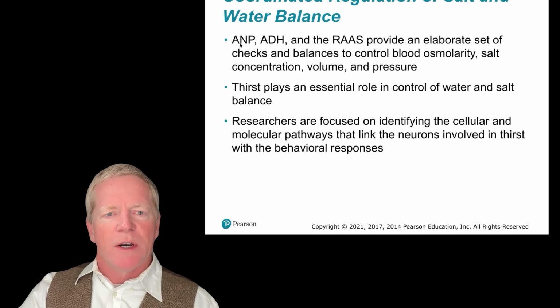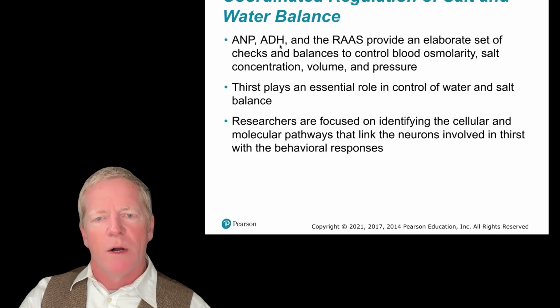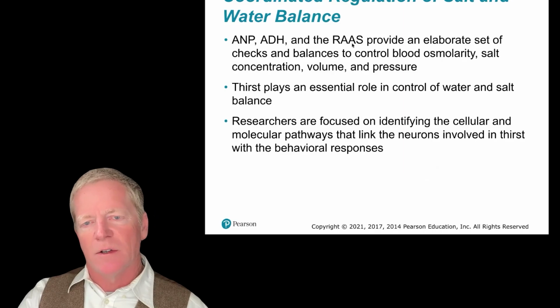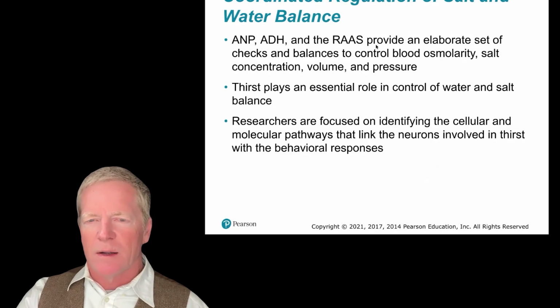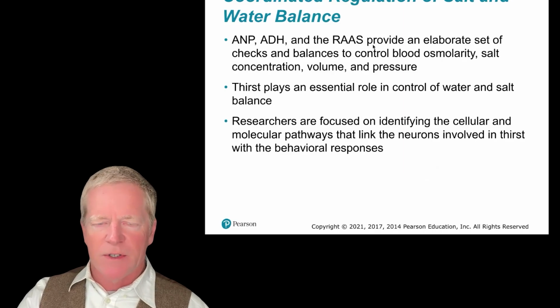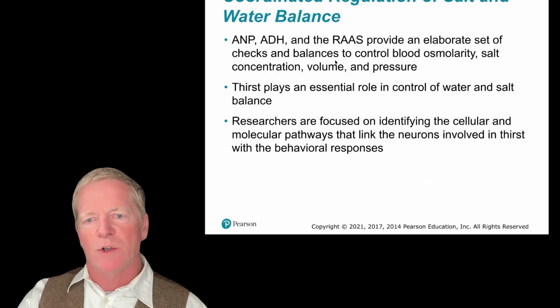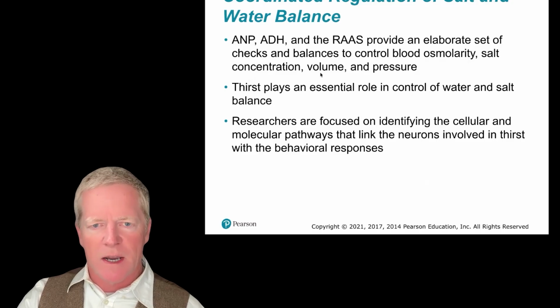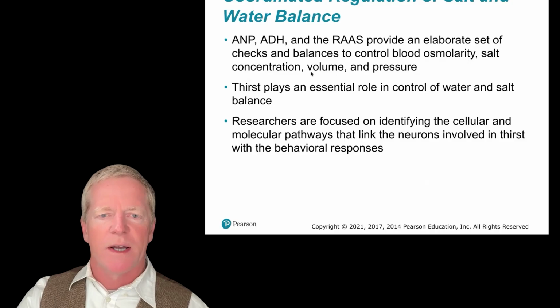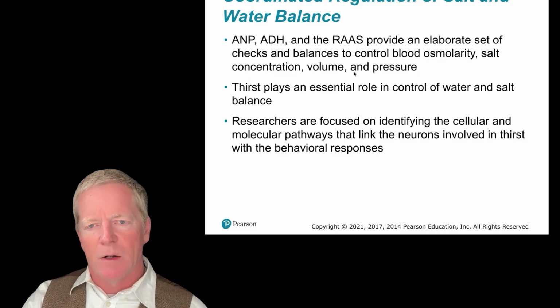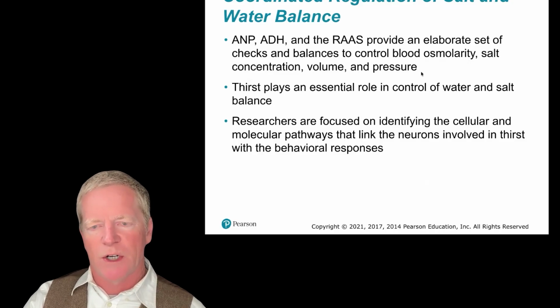So atrial natriuretic peptide, antidiuretic hormone, and the renin, angiotensin, aldosterone system are an elaborate set of checks and balances that control blood osmolarity, that control sodium concentration or salt concentration in your blood, and keep that in a very narrow range, thereby controlling blood volume and ultimately controlling blood pressure.